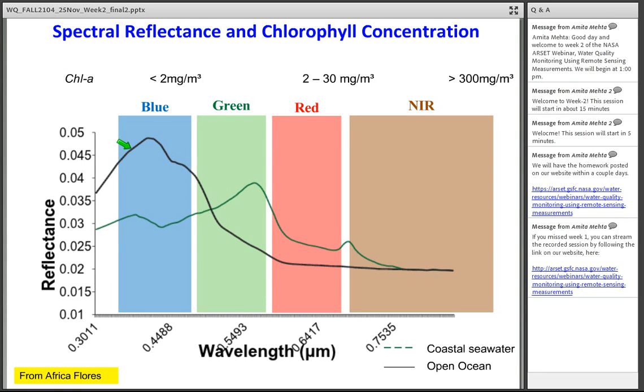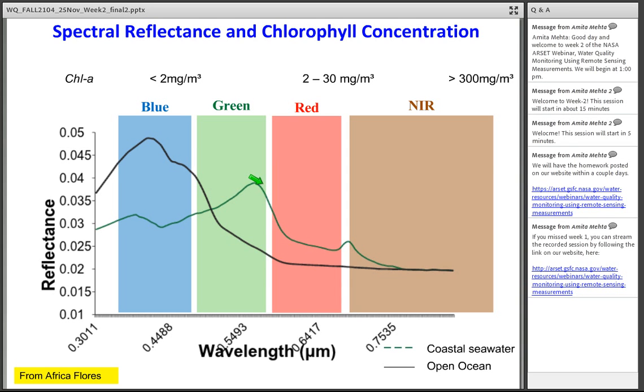This is open ocean and this is coastal ocean. The open ocean signal is very clear. There is no contamination from nearby land, so this is very clear in blue. In coastal seawater, this is more in green.